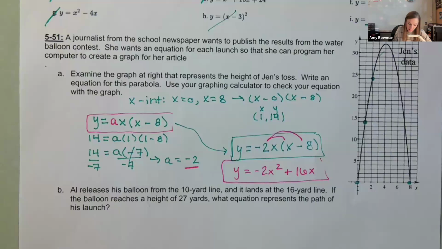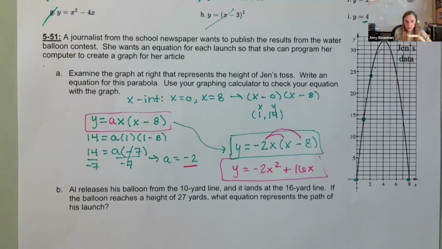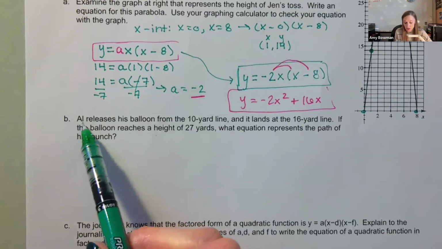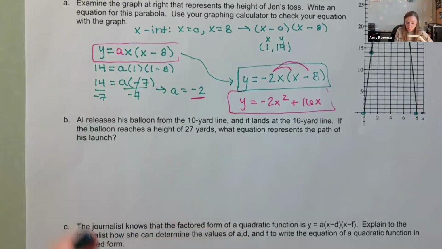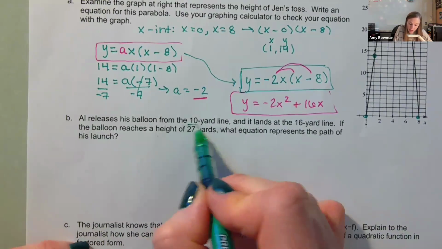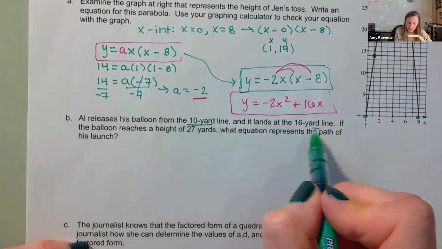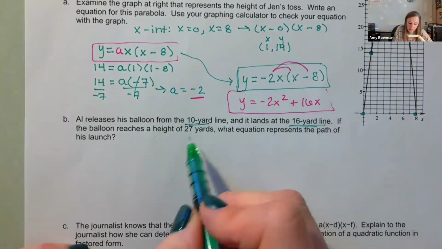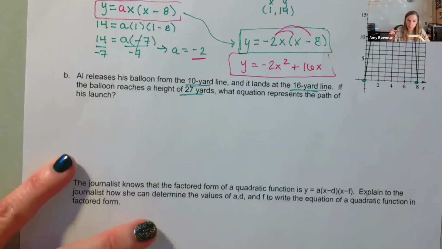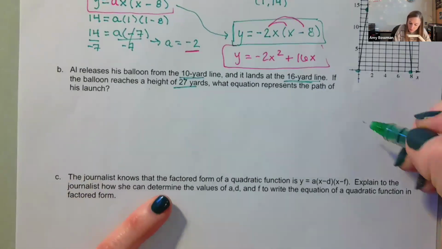Okay, one more example. This one, we were given only a little bit of information about Al's water balloon toss. We were just told where the balloon started, which was the 10-yard line, where it landed, which was the 16-yard line, and then that height of 27 yards. So if it helps, draw a quick visual.